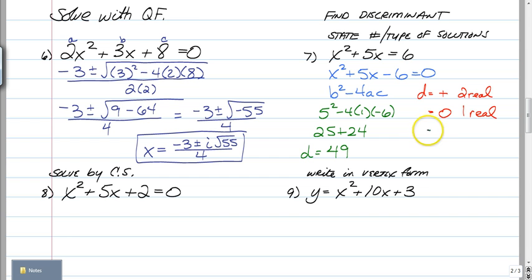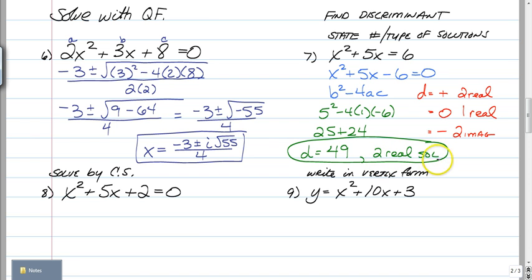And if the discriminant is a negative number, you have 2 imaginary solutions. So, since we have a discriminant of 49 that is positive, we have 2 real solutions. Okay? So that will cover the quadratic formula and discriminant section.